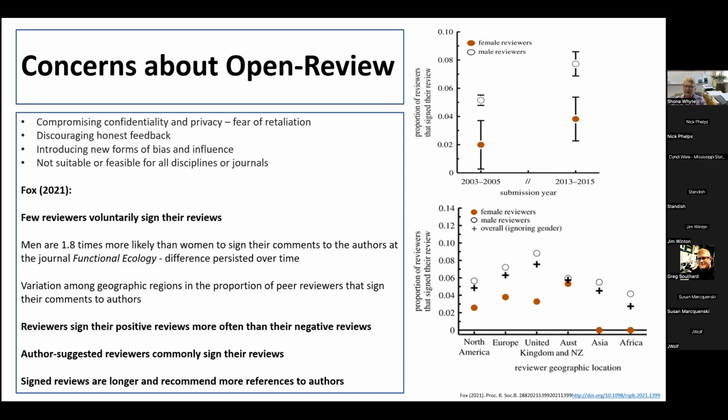It can discourage honest feedback because of that, and it can also thereby introduce new forms of bias and influence by peers. If the individuals know who the reviewers are, there's a possibility of this retaliation or influence. And it's not suitable or feasible for all disciplines or journals.